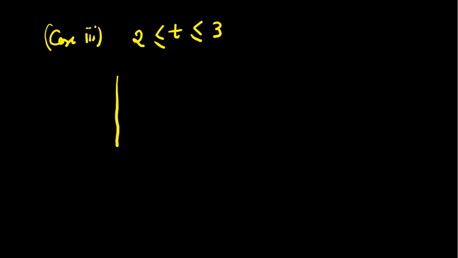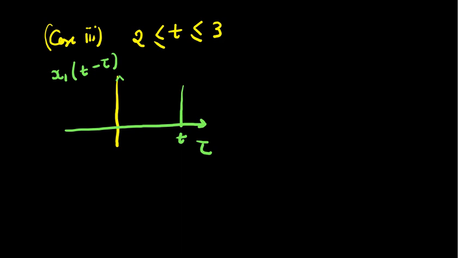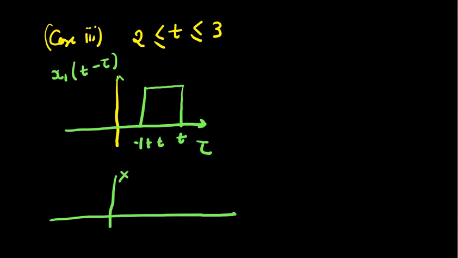first you write your x1 t minus tau. So since t is greater than 2, this will be here. Correct? And you multiply it with the x2, but since t is greater than 2, this will be greater than 1, right?